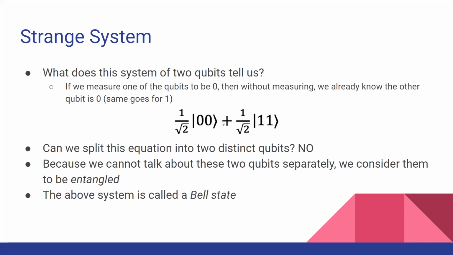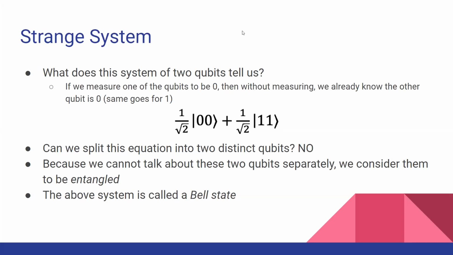It doesn't take into account that these qubits are somehow connected to each other and they're dependent on each other. And so we consider the state to be entangled, which means that we can no longer talk about these two qubits individually. We have to consider them as a system, and we cannot talk about them individually.